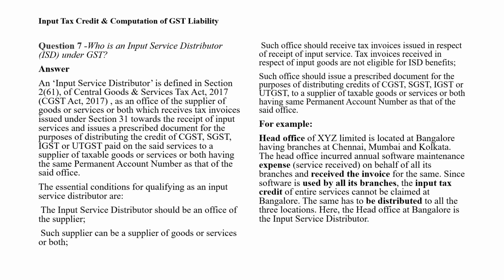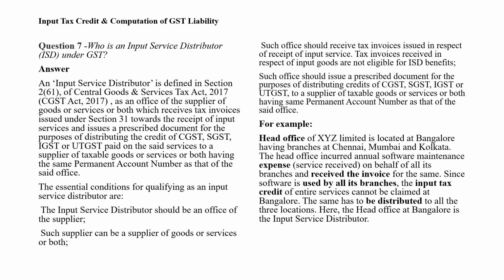The essential conditions for qualifying as an input service distributor are as under. The input service distributor should be an office of the supplier. Such supplier can be a supplier of goods or services or both. Such office should receive tax invoices issued in respect of receipt of input service. Tax invoices received in respect of input goods are not eligible for ISD benefit.